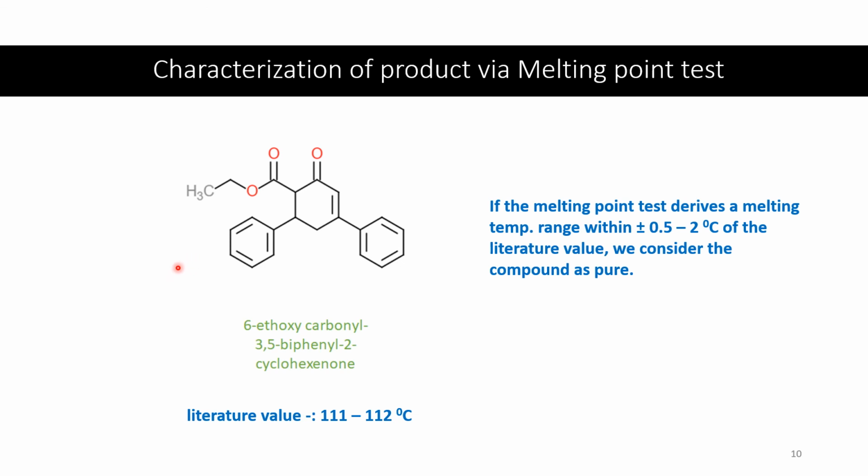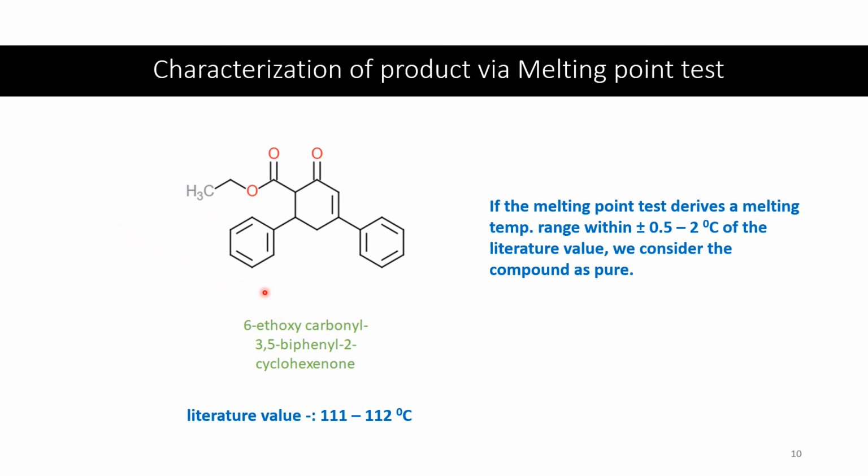In the last few experiments, we have been using IR analysis as the method to characterize or confirm our final product. However, we are not able to use IR analysis for this experiment because our final product, the final alpha-beta unsaturated ketone product, has similar functional groups compared to the reagent molecules.